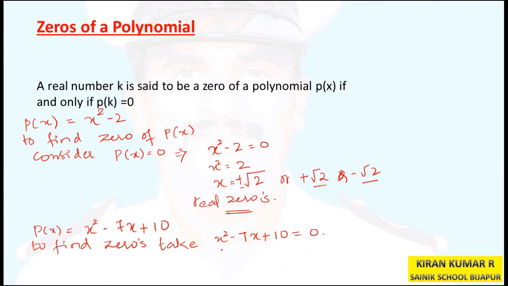This can be written as x minus 2 times of x minus 5. You'll get this by factorization, splitting the middle term. So the value of x are 2 and 5. So there are 2 real zeros. In this case also we had 2 real zeros.